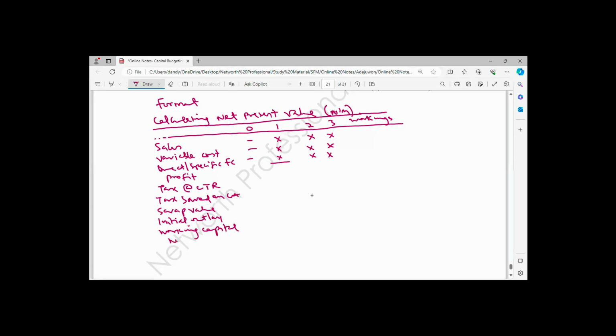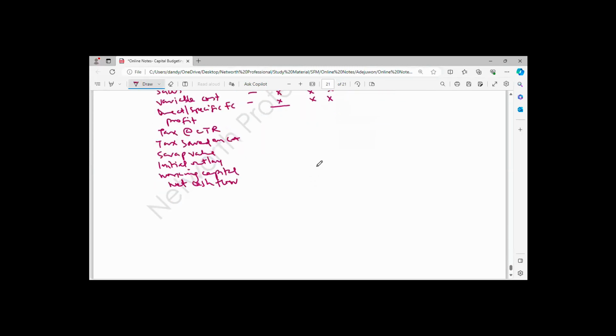After that, you have your net cash flow. After the net cash flow, you have your discount factor at whatever percentage.